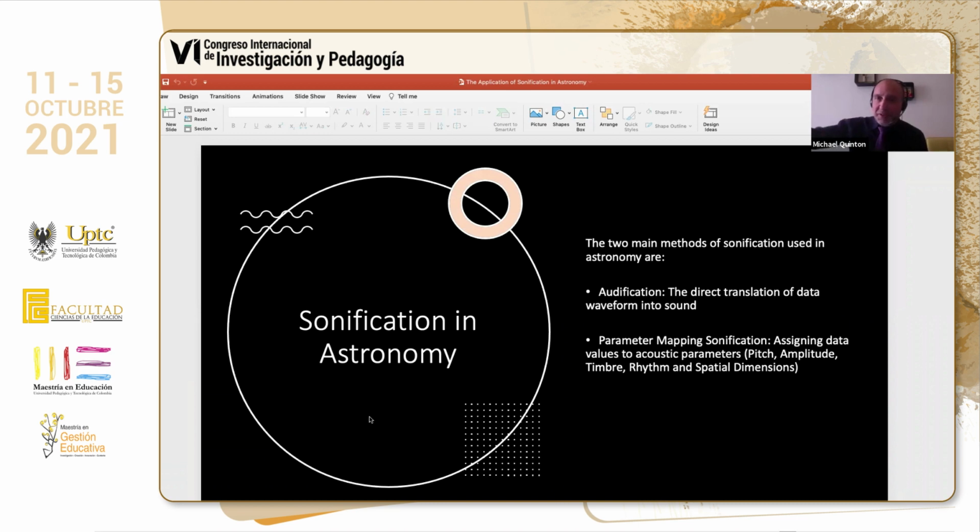And then you could hear the actual gravitational wave taking place. It was like a rise in frequency, like that. And that showed two black holes merging into each other and causing a ripple effect of gravity that we were able to detect on the Earth using very refined instruments.